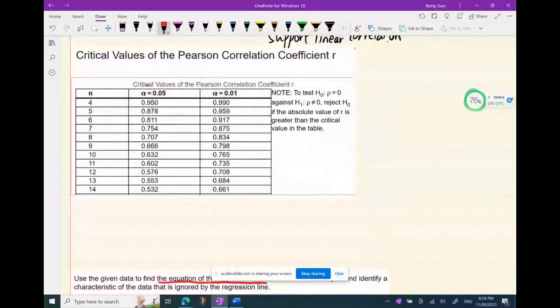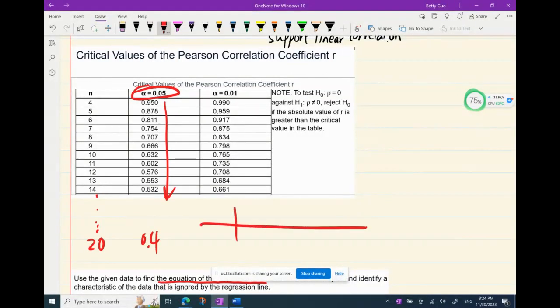Oops, my bad, I didn't get the whole story, there's a continuation. When n is 20, it's probably 0.4-something. As you can see, it's decreasing, right? So the critical value is probably negative 0.4-ish here, positive 0.4 here.